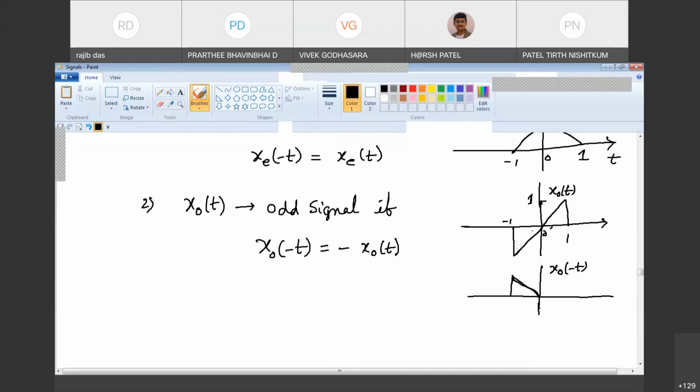And this negative side shape will now come to the positive side, but the amplitude will remain here. Now, just you see, every time this x_o(t), its value is the negative of this one. So when it is negative, now it is positive. It's just opposite, but otherwise exactly the same. When it is positive, now this is negative. So this value is nothing but the negative of the above x_o(t).